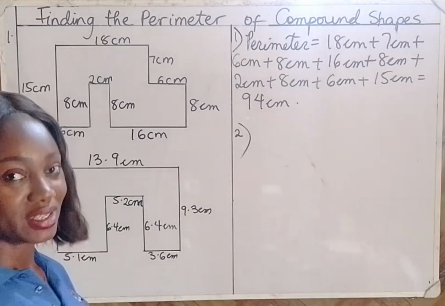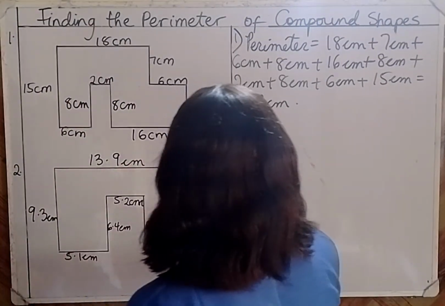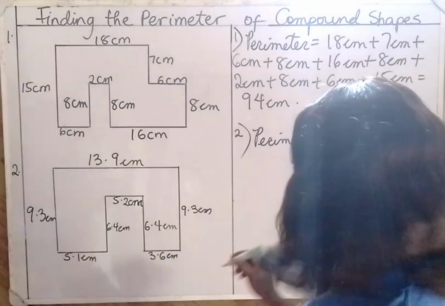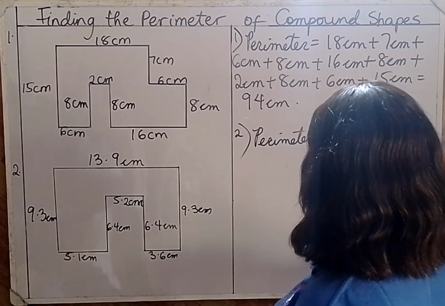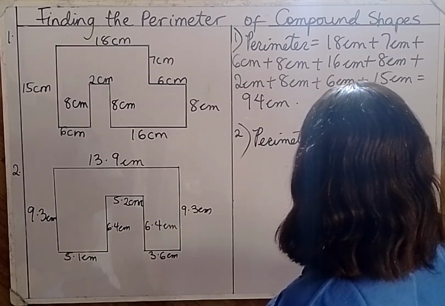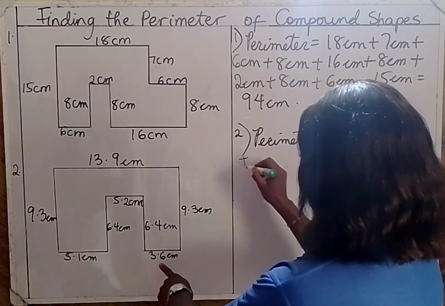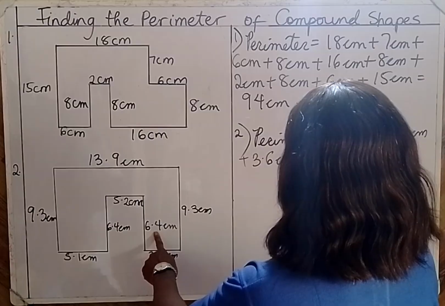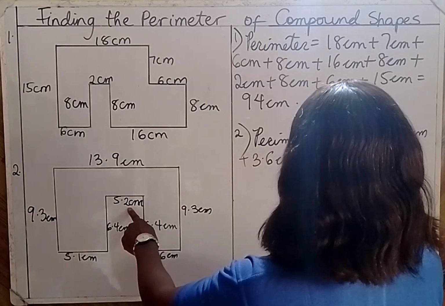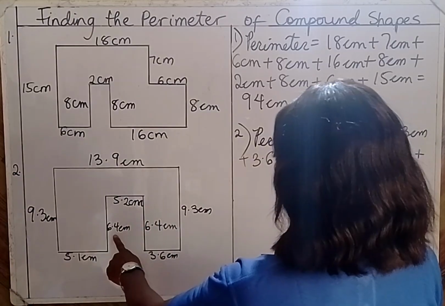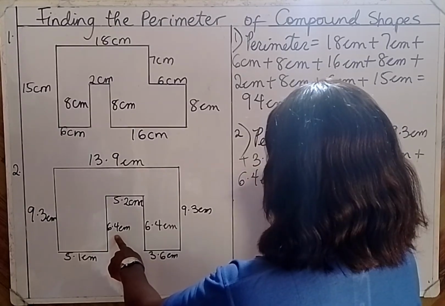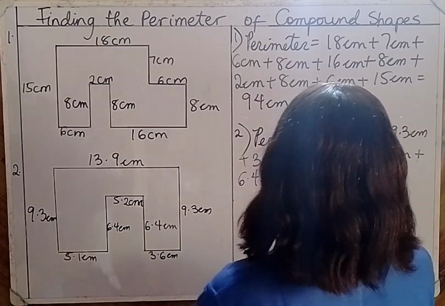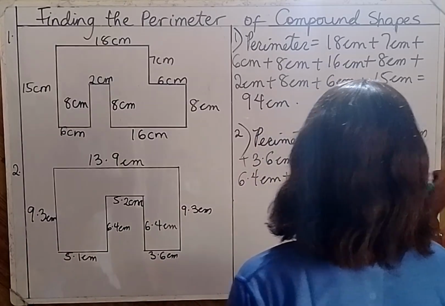And now we've been able to figure out the length for each of the unknown sides. Then we can find the perimeter of the shape. Therefore, perimeter equals 13.9 centimeters plus 9.3 centimeters plus 3.6 centimeters plus 6.4 centimeters plus 5.2 centimeters plus 6.4 centimeters plus 5.1 centimeters plus 9.3 centimeters.